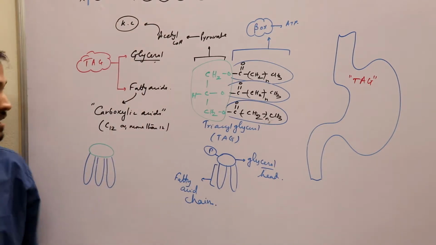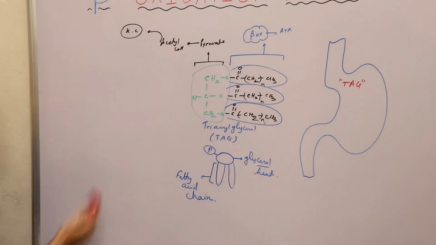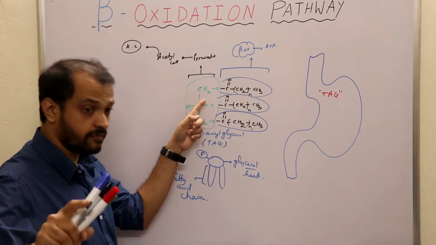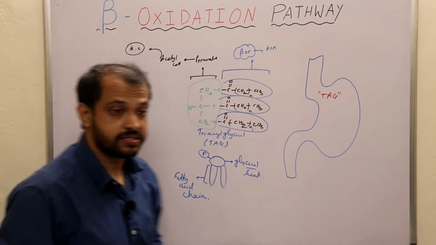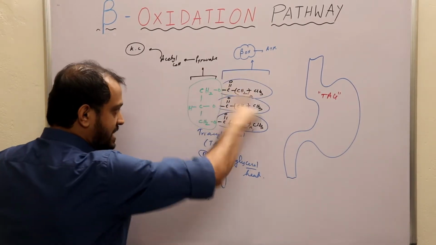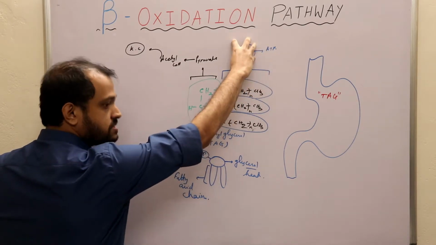Understand this very basic thing. That is what happens to these portions of triacyl glycerol, also known as triglycerides. The fatty acid chains are converted to ATP via beta oxidation.